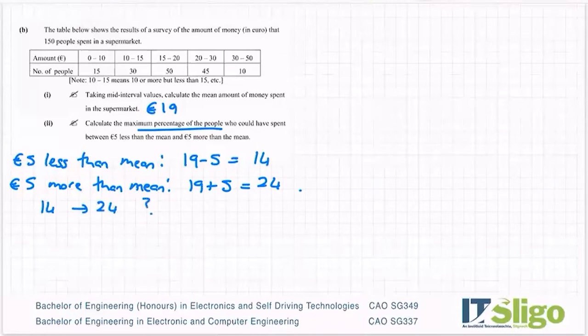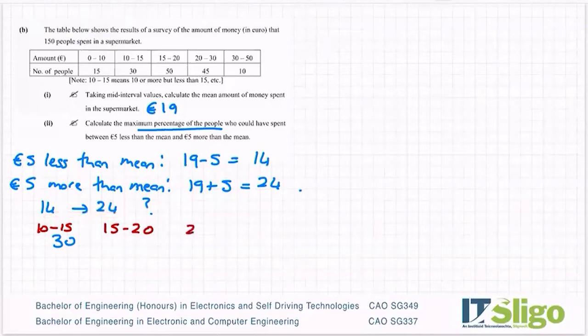Well, where's 14? 14 lies there. Now you see those 30 people? In theory, all of those 30 people could have spent 14 euros. Okay, because we don't know. So we've all those 30 people in that 10 to 15 range. Okay, 15 to 20 also falls between 14 and 24.